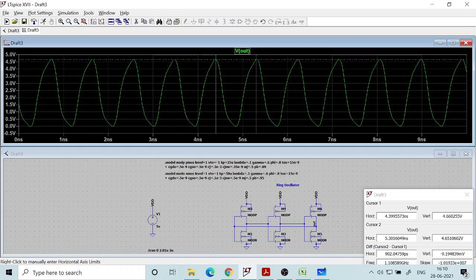For the given parameters, if you vary the parameters, it basically depends on the propagation delay of each inverter. There are 3 inverters, so the period is going to be determined by the propagation delay of 3 inverters.